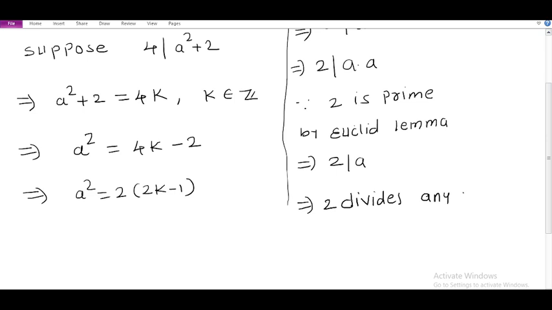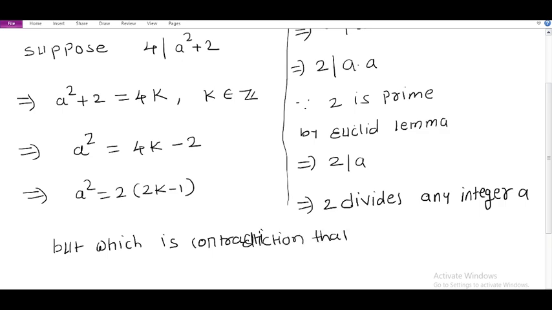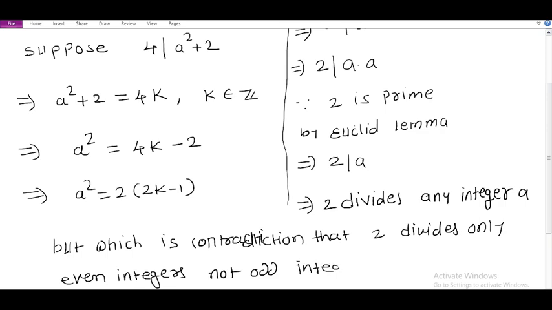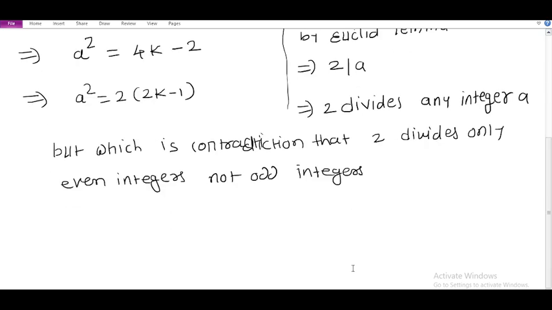Okay, and this implies 2 divides any integer a, but which is a contradiction, since 2 divides only even integers, not odd integers, since 2 does not divide 3, 2 does not divide 5, and so on.